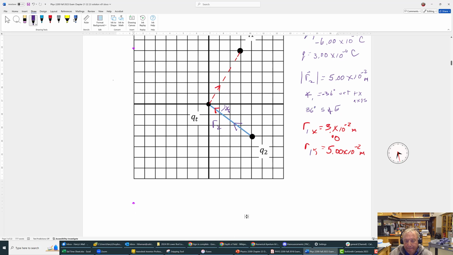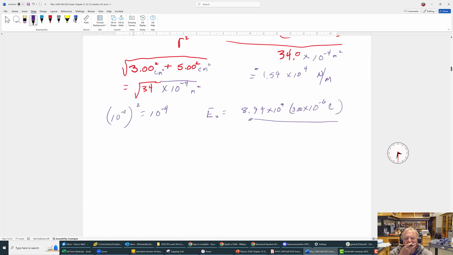Okay. So, 5.00 times 10 to the minus 2 meters squared. And this is a 9.